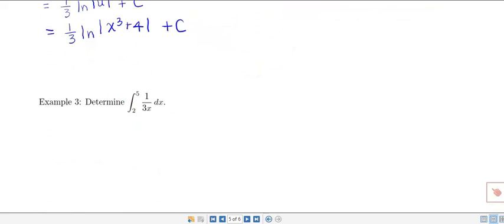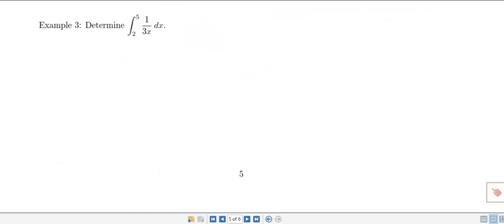Example number 3 is a definite integral, and it's a very simple one. When we evaluate, we want to take out the constant. We don't need to use u substitution because it's a very simple integral, 1 over x dx. According to the integration rule, the antiderivative of 1 over x is ln of absolute value of x evaluated from 2 to 5.